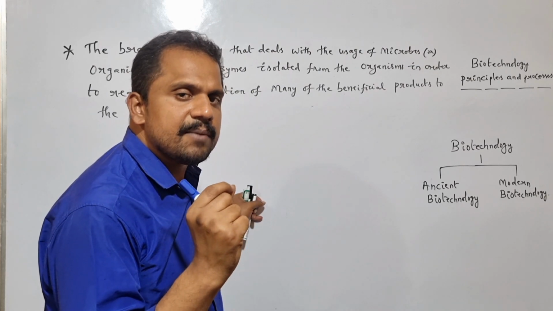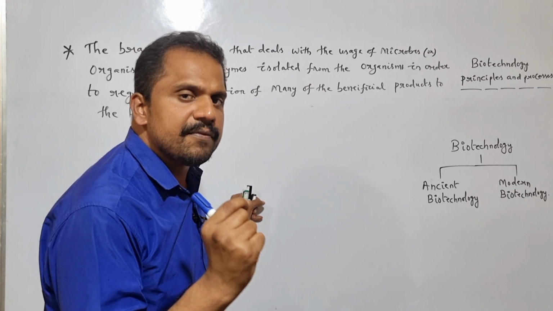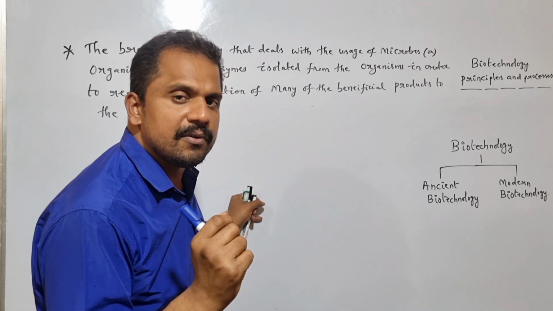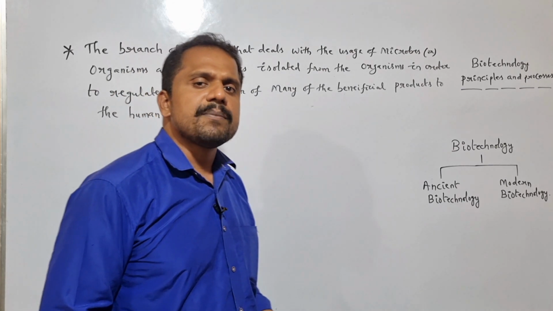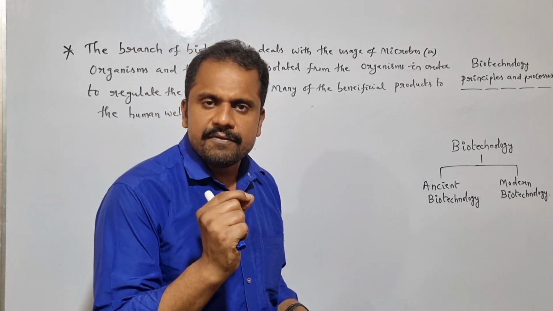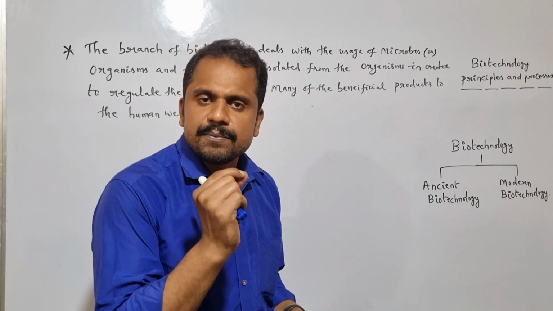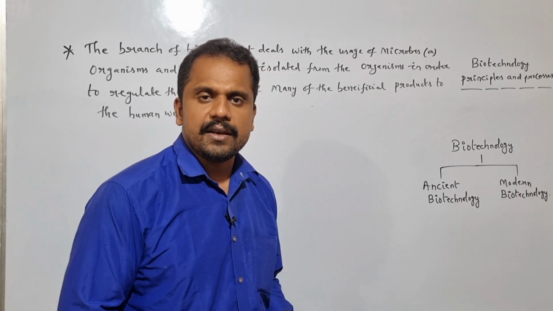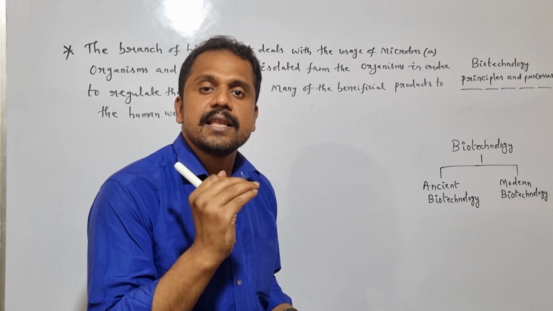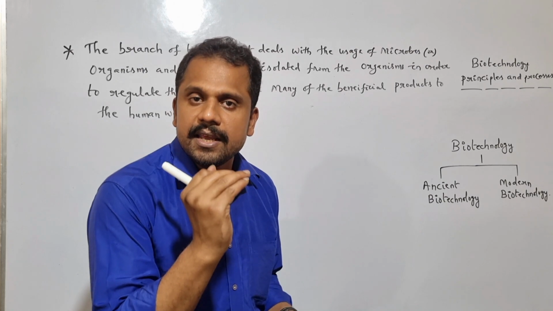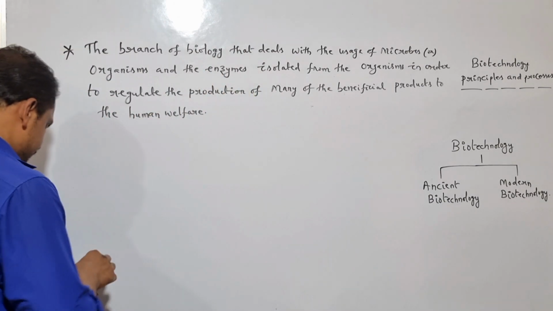Some of these include production of curd from milk, production of cheese, production of specific alcoholic beverages like wine, and even preparation of bread. All these products can be synthesized under ancient biotechnology. Is it clear?